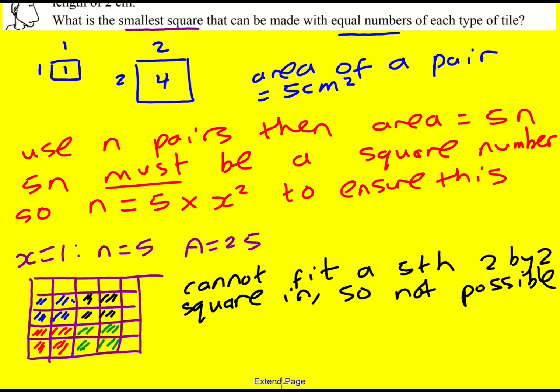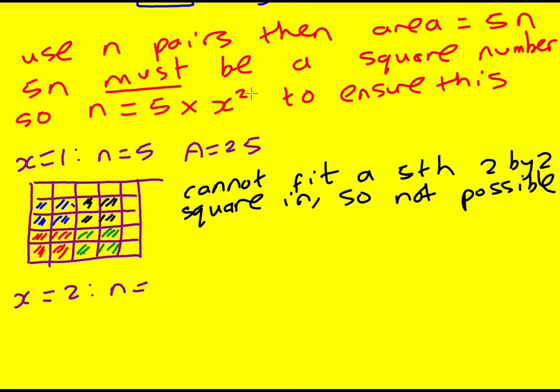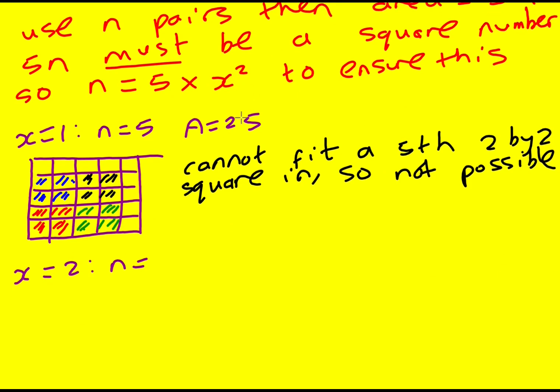So let's go ahead and look at the next biggest value of x, which would be 2. Then n would equal 5 times 2 squared, so 20. And the area would be 100. So we now need 20 of each.